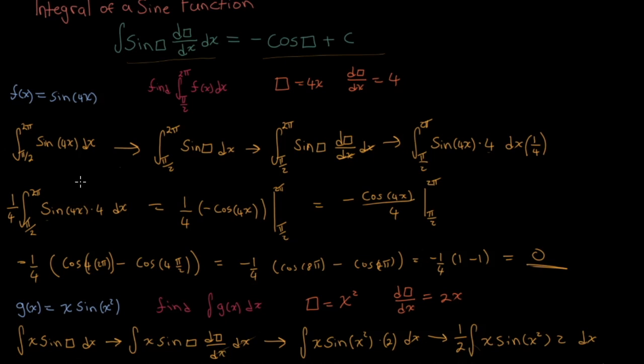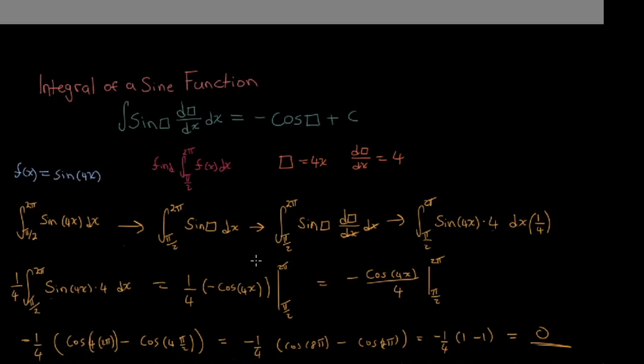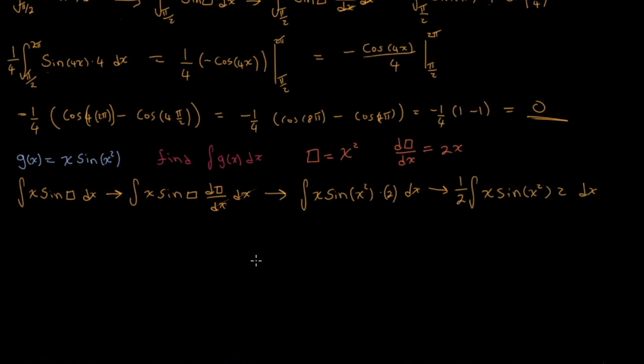So we'll go ahead and do that. I'm going to scroll down a little bit here. Okay, all right, so we'll get as our answer 1 over 2 times negative cos x squared plus c.